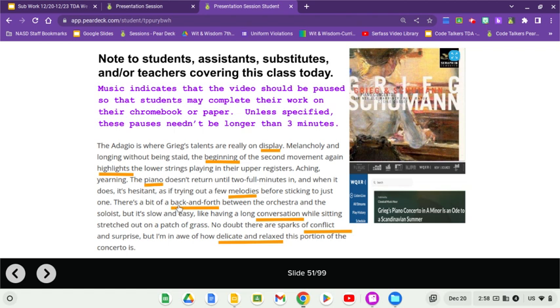There's a bit of conversation between the orchestra and the soloist, but it's slow and easy, like having a long while sitting stretched out on a patch of grass. No doubt, there are sparks of drama and surprise, but I'm in awe of how calm this portion of the concerto is.